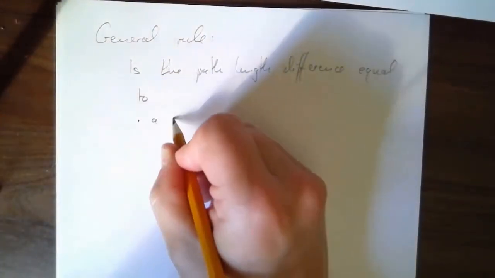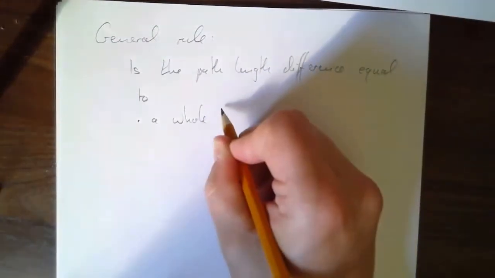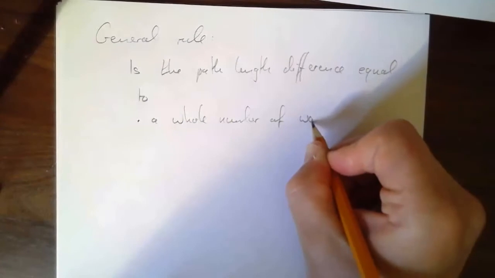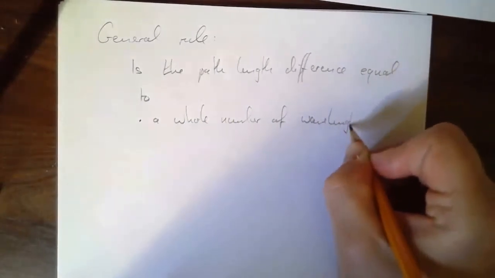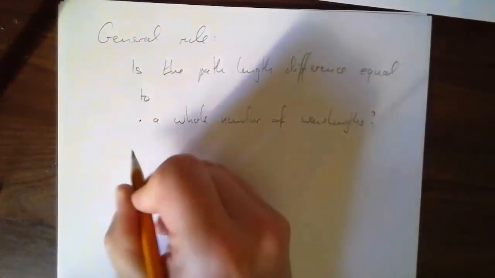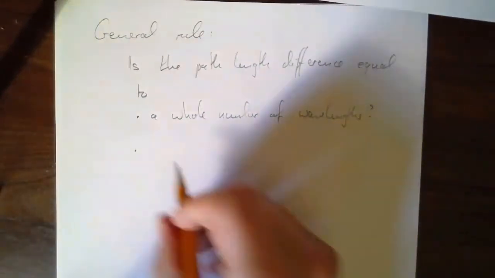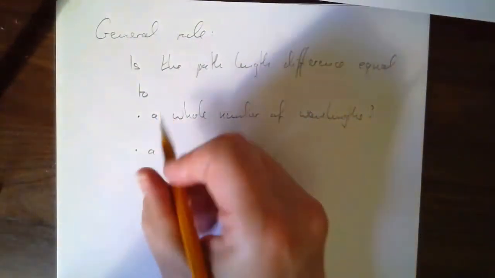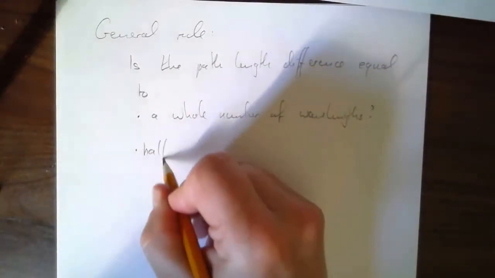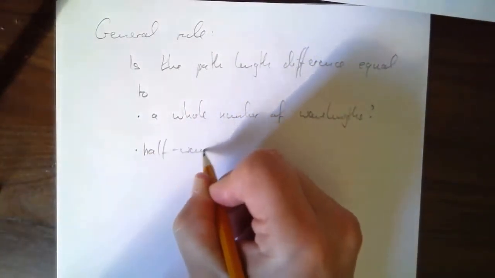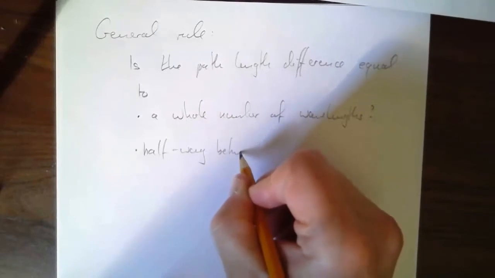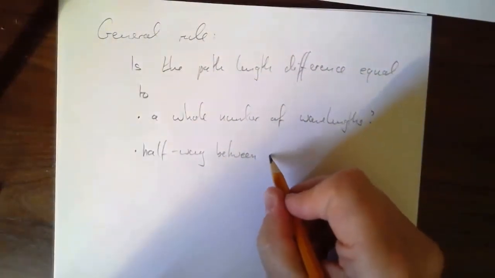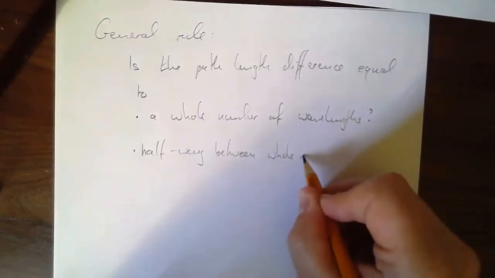A whole number of wavelengths, or halfway between whole numbers of wavelengths.